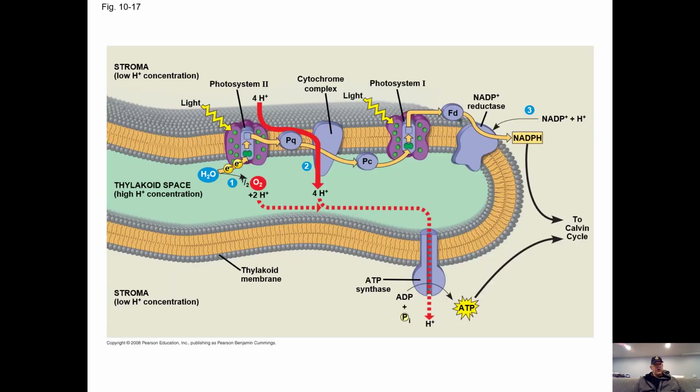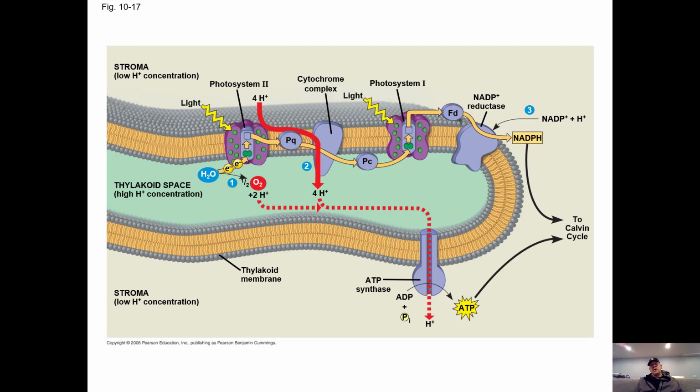So here we have a thylakoid membrane. If you look on the left where it says photosystem 2, you can see light hitting photosystem 2. That energy goes to the electrons. They get excited and go through an electron transport chain, just like in the mitochondria.